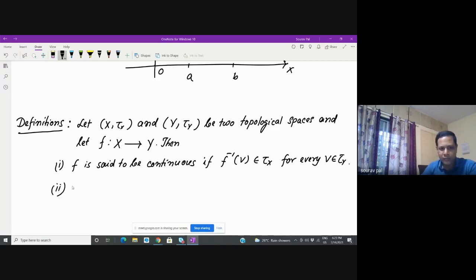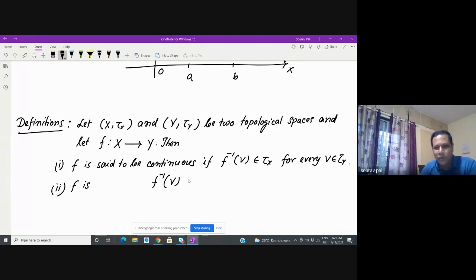Number two, f is said to be continuous at a point. So what is that? Inverse image of an open set is an open set. This is what is continuity. So f is said to be continuous on the whole space X if you choose any open set on the right hand side, and its inverse image is open. What is f inverse V? f inverse V is the set. I don't claim that this function is invertible or bijective.